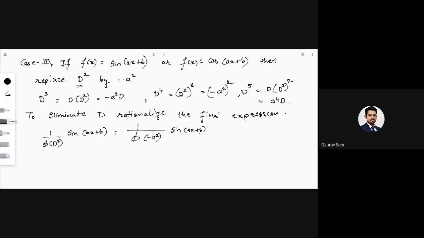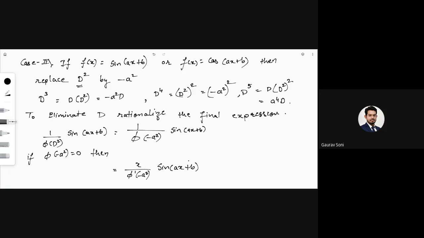But even in this case, it may happen that phi of minus a square is 0. So if phi of minus a square is equal to 0, then take the derivative, and multiply the numerator by x, phi dash of minus a square sine of ax plus b.